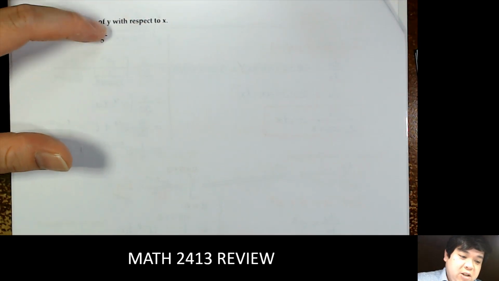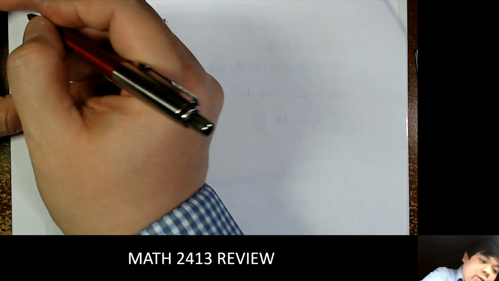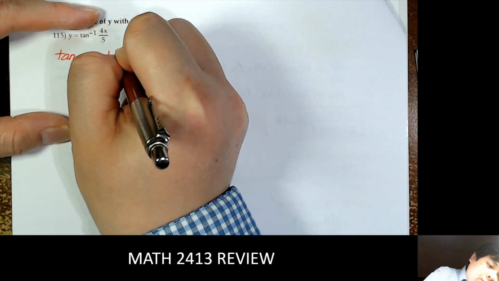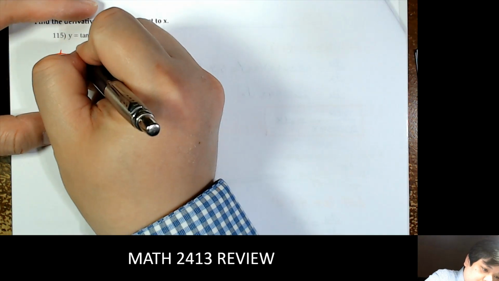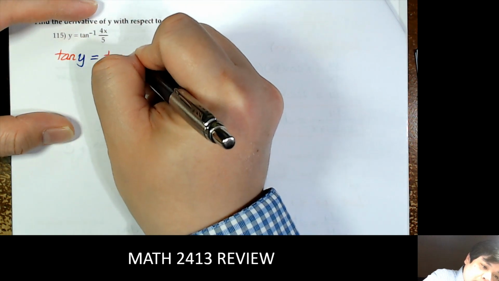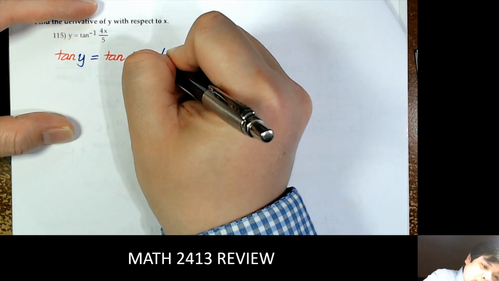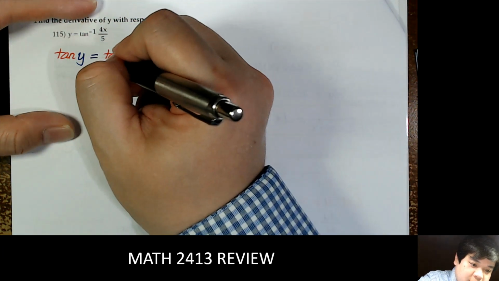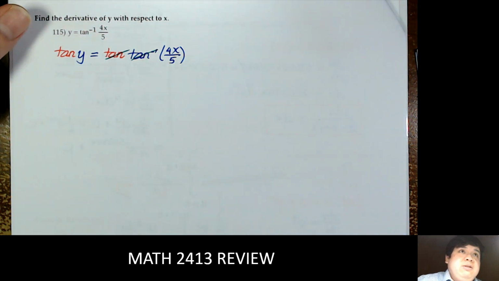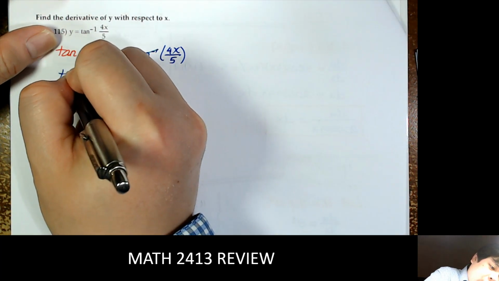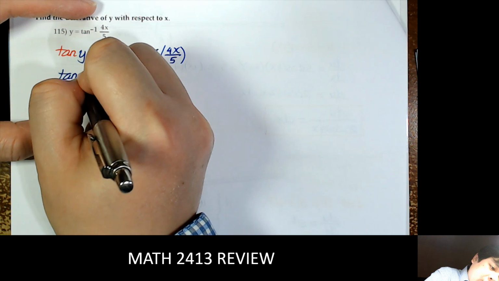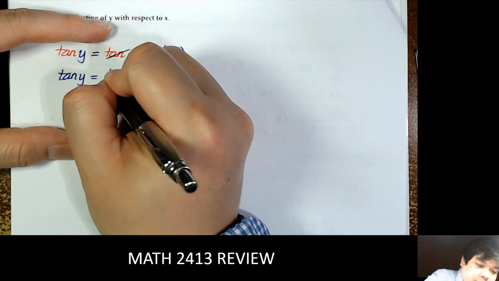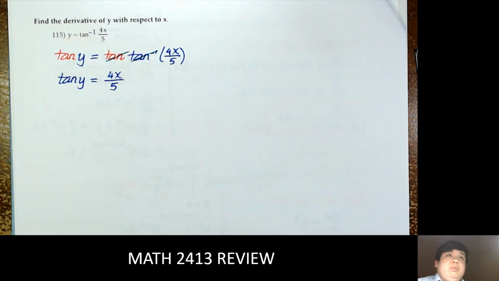If y equals tangent inverse of 4x over 5, if we take the tangent on both sides, the tangent cancels the tangent inverse. So we have tangent of y equal to 4x over 5. That's very simple there.